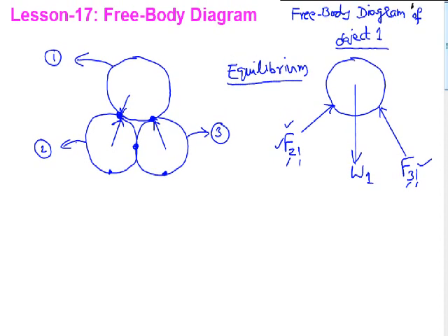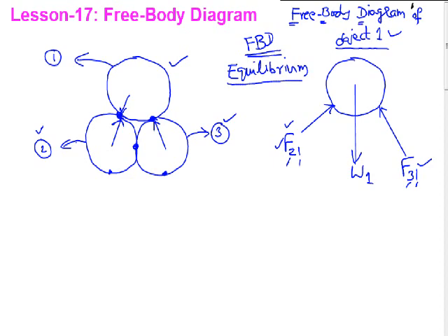So in a way, the entire problem of solving for this whole system, we are breaking into pieces, focusing our attention on object 1 in one case, object 2 as a separate case, and object 3 as a separate case, by drawing free body diagrams of object 1, object 2 and object 3. Often this term free body diagram is abbreviated as FBD, the first letters F, B and D.